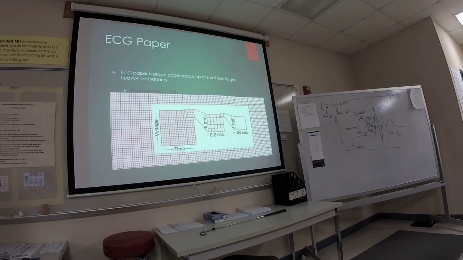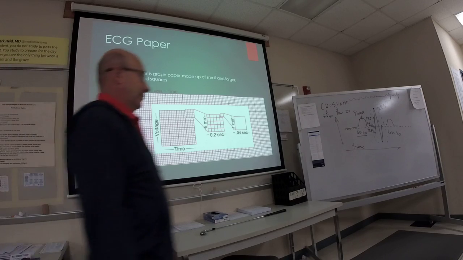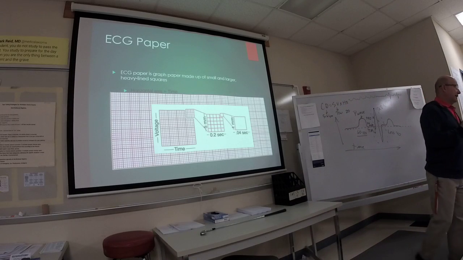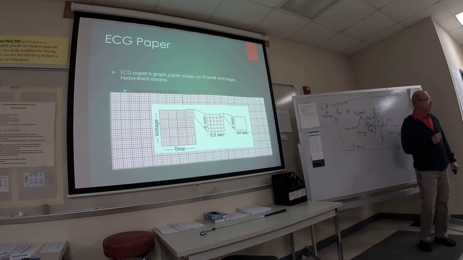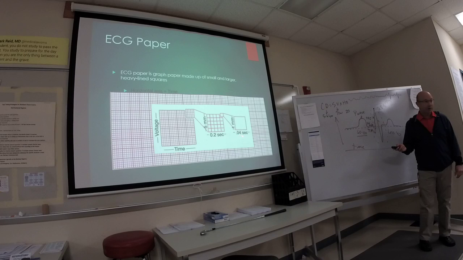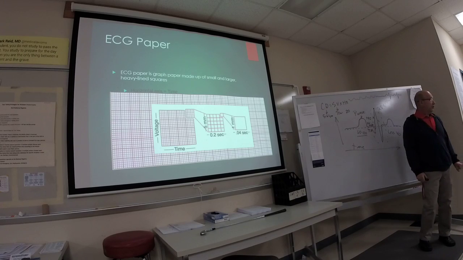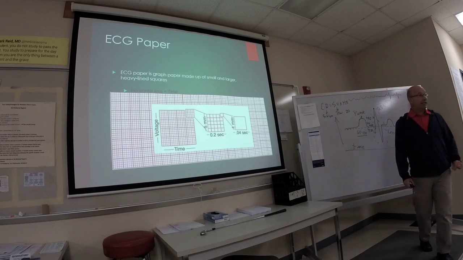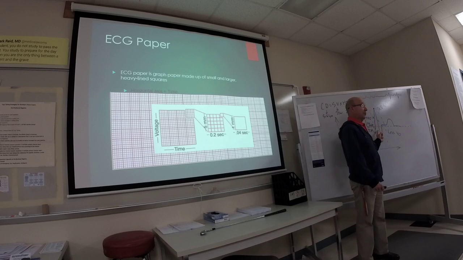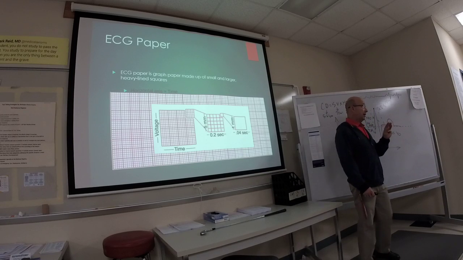The normal QRS complex can't be wider than 3 little boxes. If you do the math, what is that? Point what? 0.12. So a normal QRS complex, by definition, can't be any wider than 0.12, or 3 little boxes.